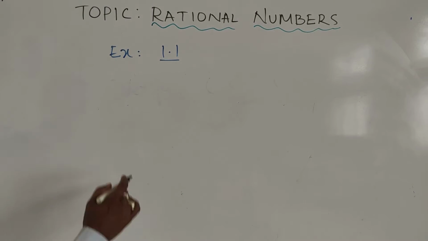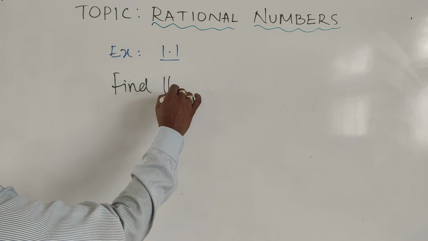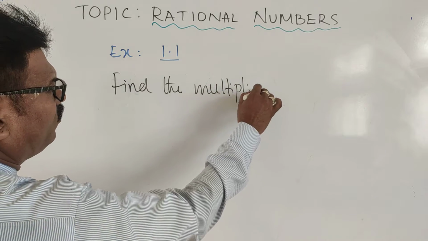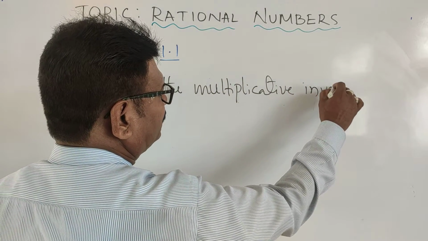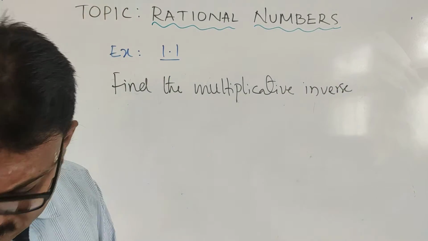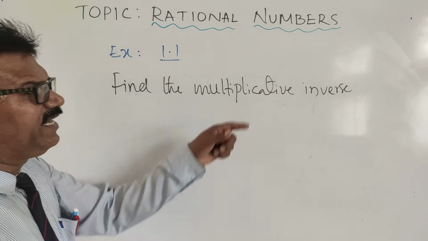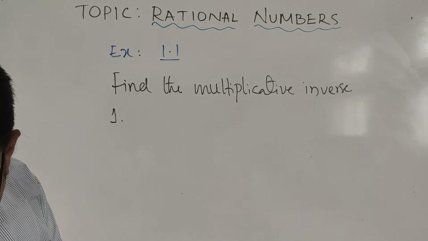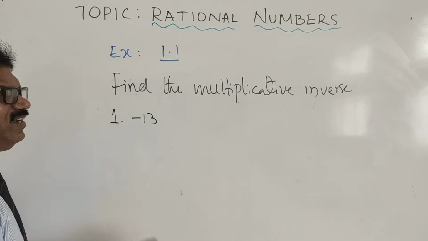Now find the multiplicative inverse. Very simple. Find the multiplicative inverse. The first problem is minus 13. Do you know what multiplicative inverse means?